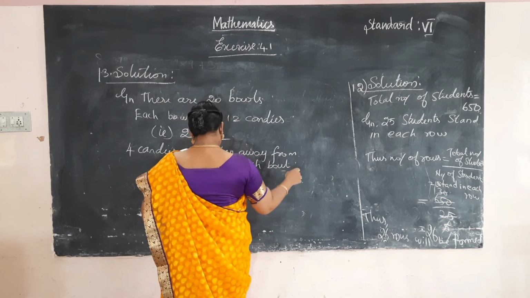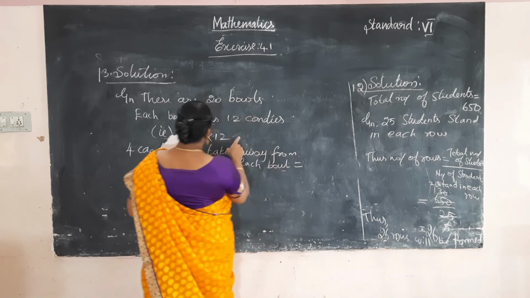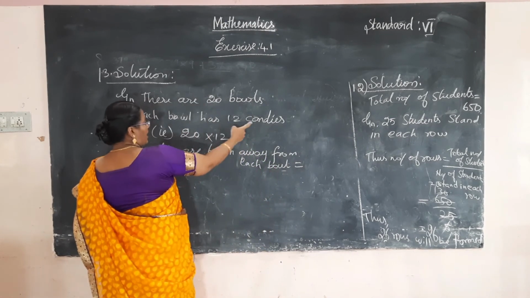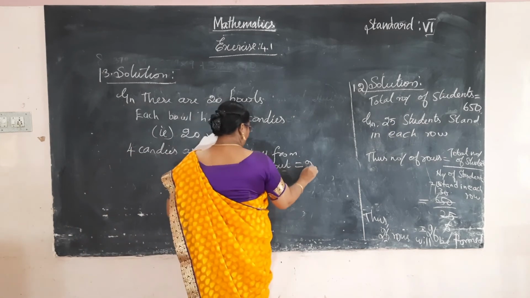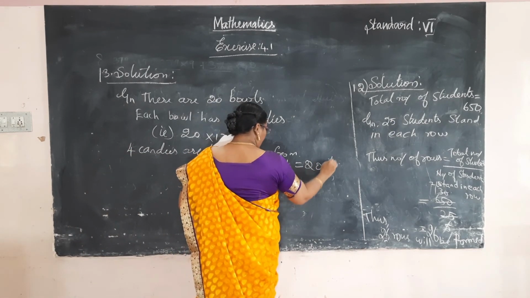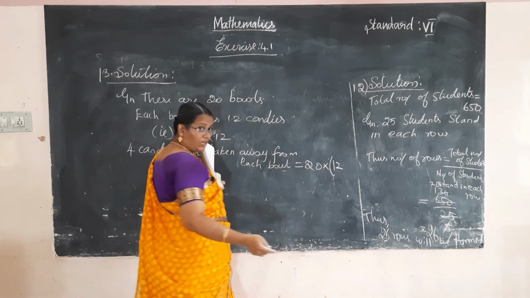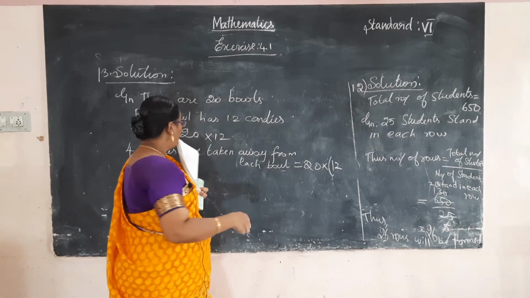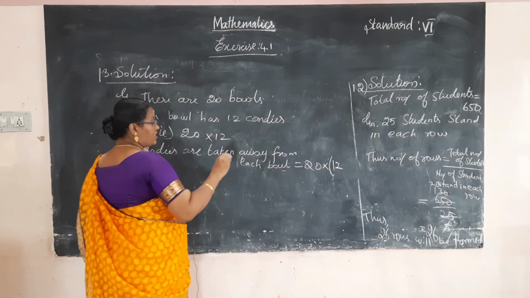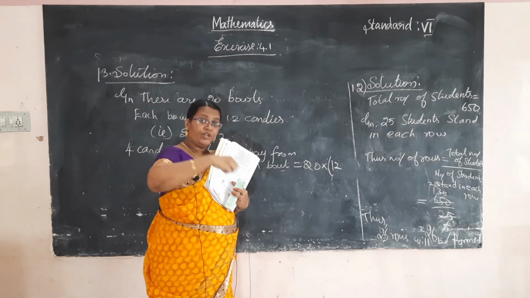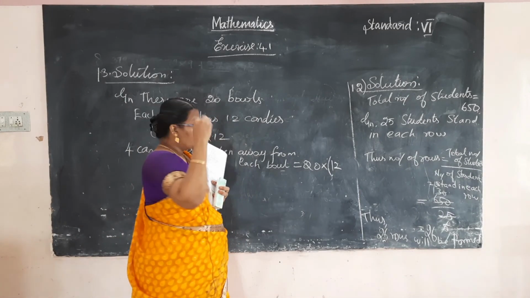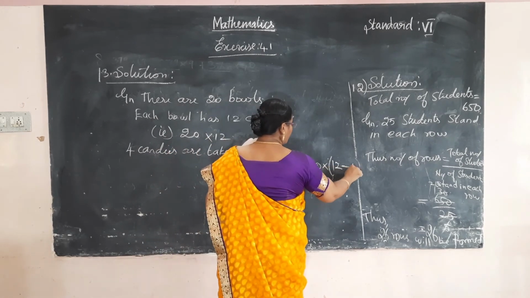So they take from each one. So each bowl has 12 candies. The total number of bowls is 20. So each has how many candies? 12 candies. So 4 candies are taken away from each bowl. So subtract 4 from 12.